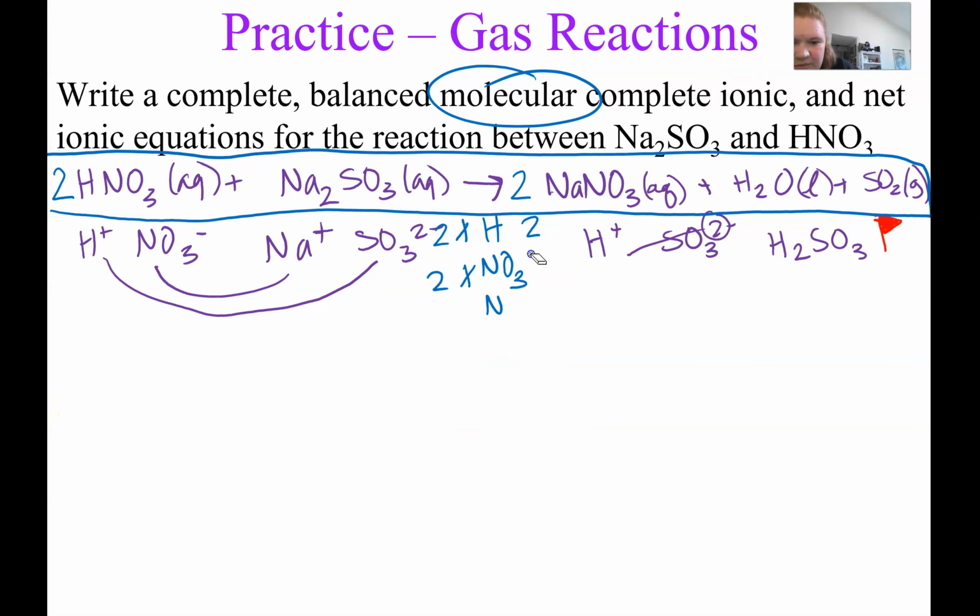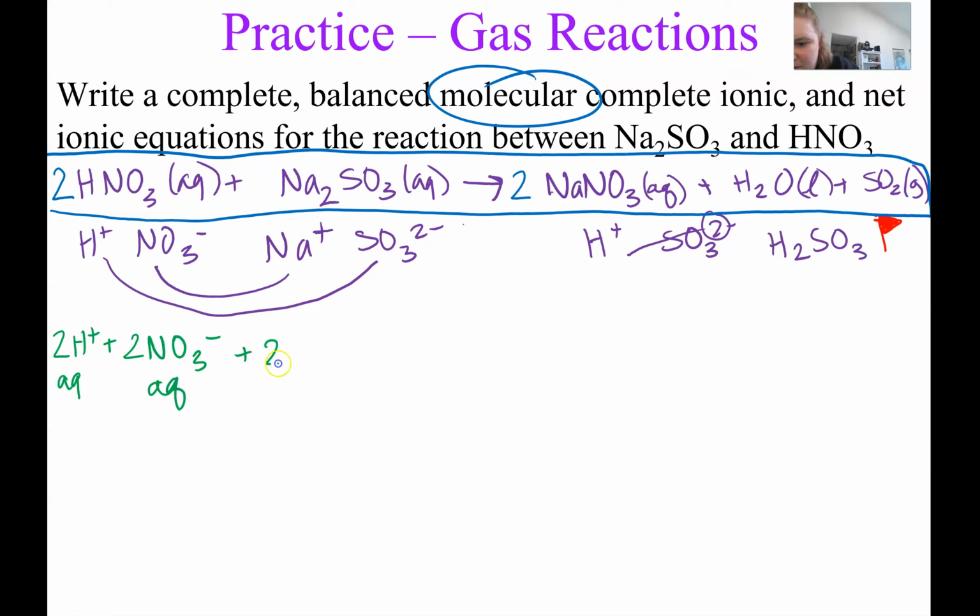And now if we do this one in our net ionic, I'm going to erase my balancing just because it's going to be a little bit busy down here already. There we go. I'm going to have 2 hydrogens. I'm going to put my states underneath because it's going to take up a lot of space.